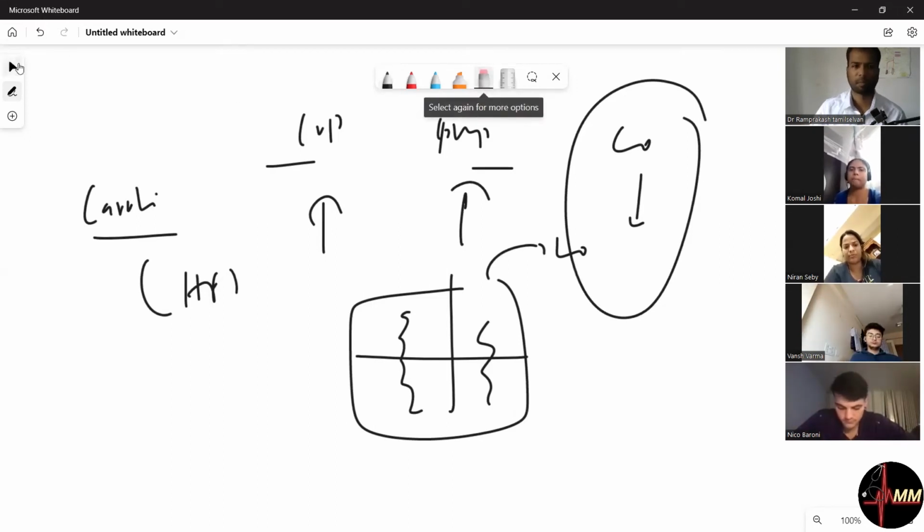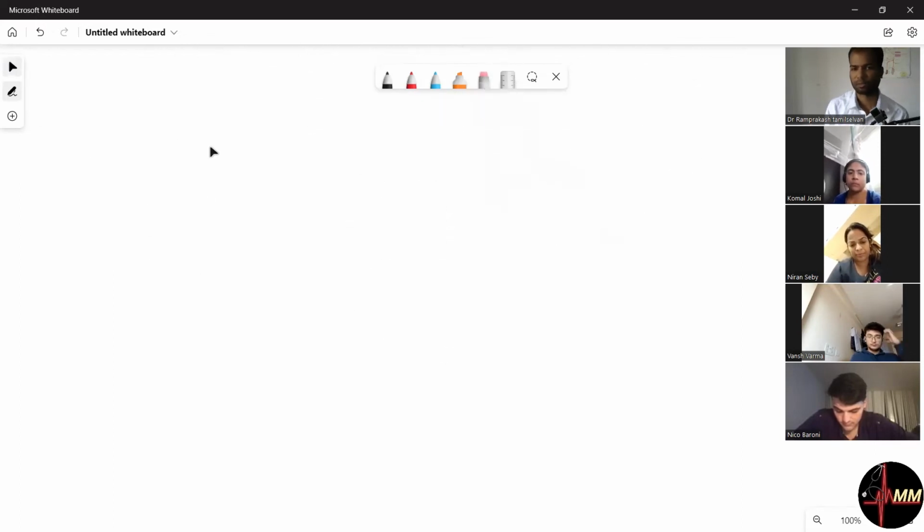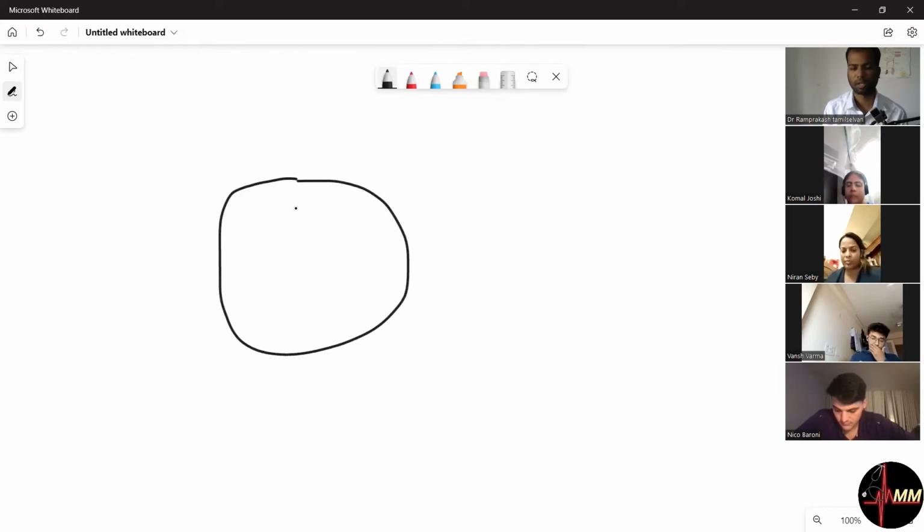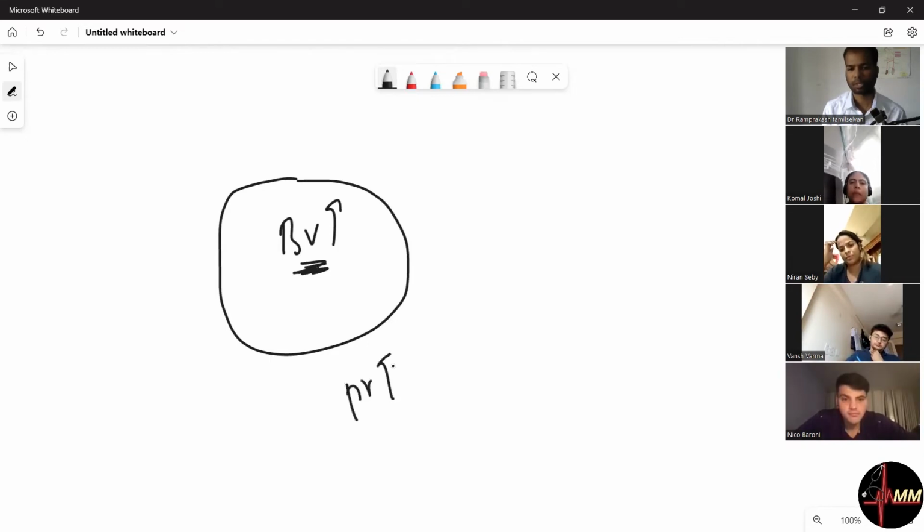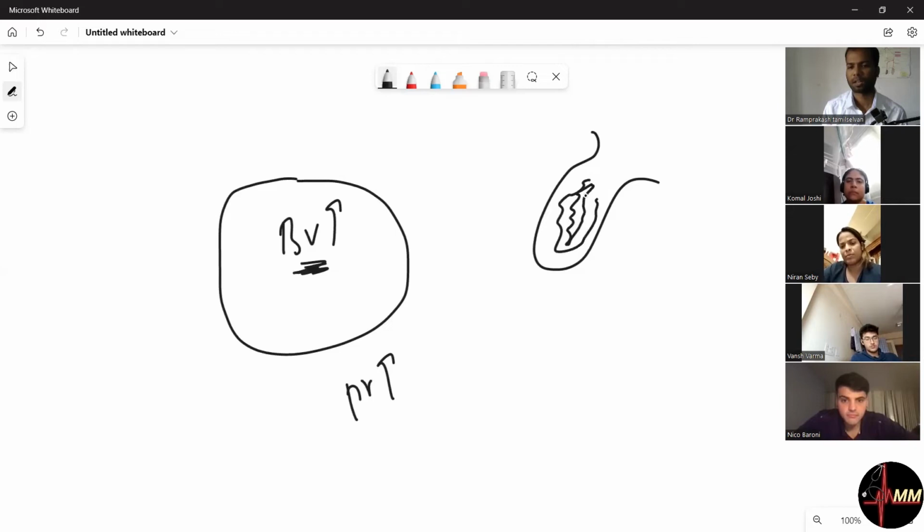The main problem here is with the understanding of pressure. Just imagine this is a chamber. If you put more blood volume, the pressure is obviously going to increase. Take a balloon and fill it with some water, and take another balloon with more water.